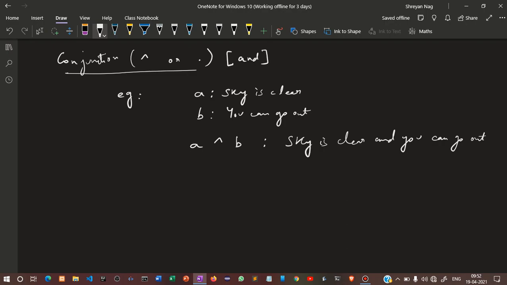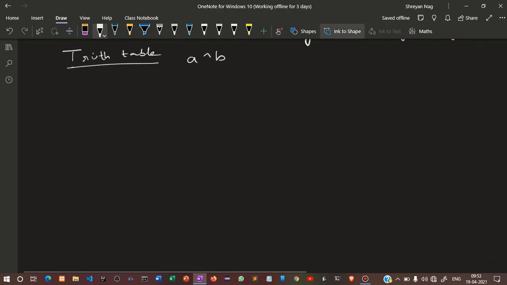Now let us make a truth table on conjunction. The truth table for conjunction on two variables, A and B. So how do we do that?